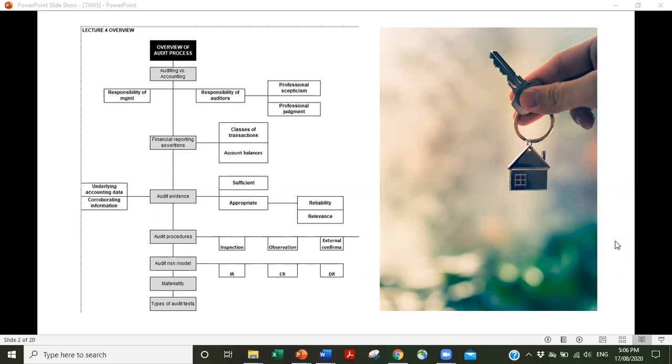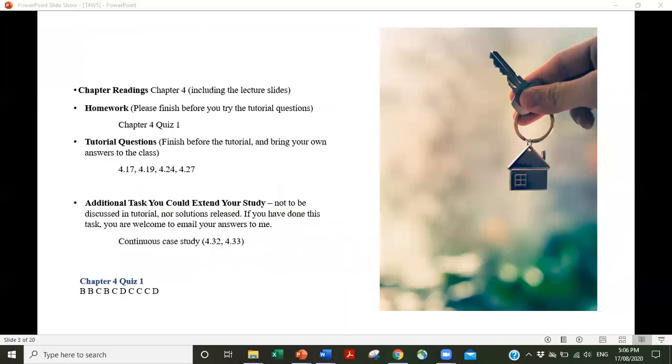It's important for us as auditors to be in the right frame and consider all of the aspects. The main chapter in relation to this is chapter 4 of the book, and many of the lecture slides pull together the information. Now, there's some homework: the tutorial questions, and some additional questions.